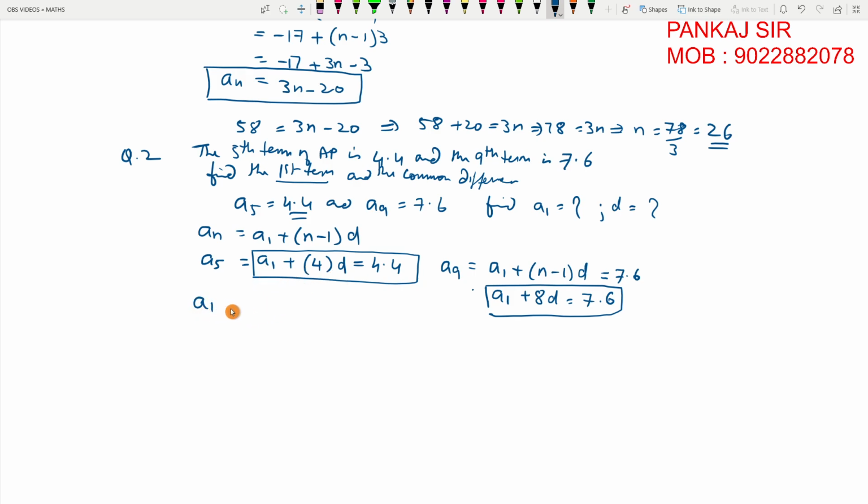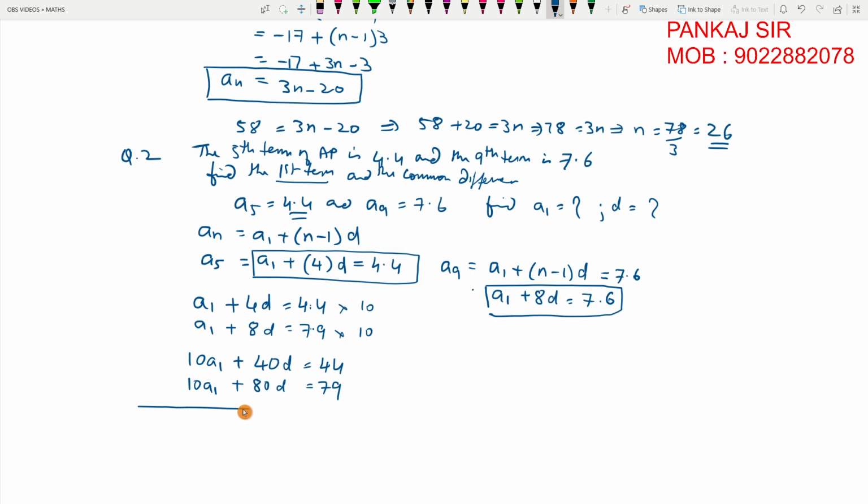So let me write the equations once again. a1 plus 4d equals 4.4. a1 plus 8d equals 7.6. Right? Fine. Now just to get rid of this decimal point, let me multiply both the equations by 10 throughout. So this will be 10a1 plus 40d equal to 44, and this will become 10a1 plus 80d equal to 76.